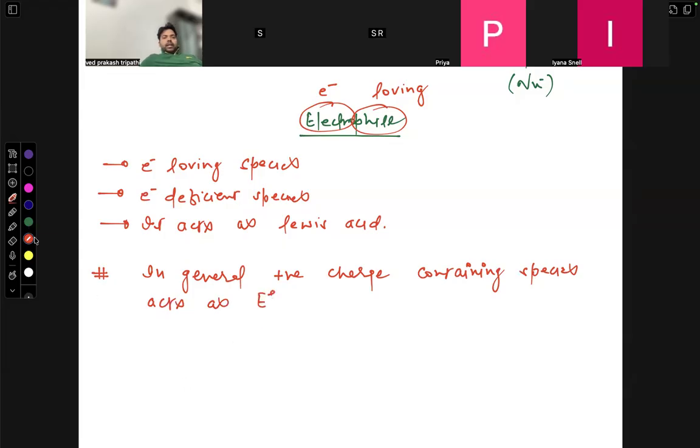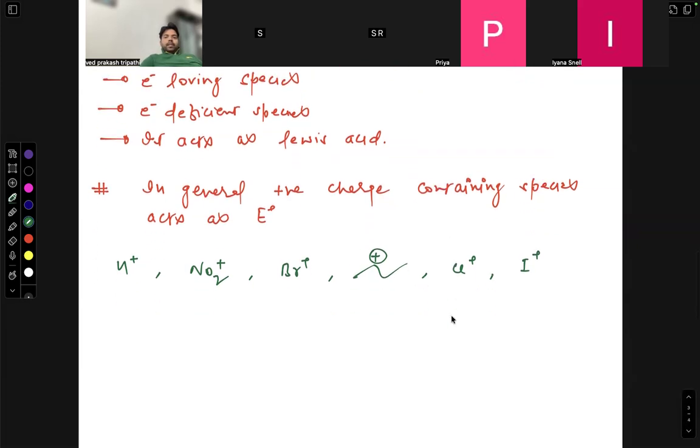Positive, like here H plus, NO2 plus, Br plus, any carbon containing carbocation, Cl plus, any species, most of the time they can act as an electrophile if that one has positive charge like I plus. Okay. So generally positive charge is considered as electrophile.